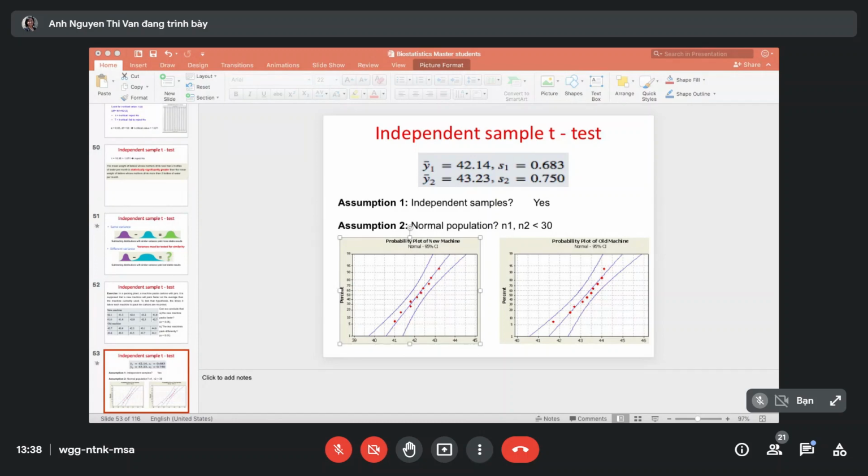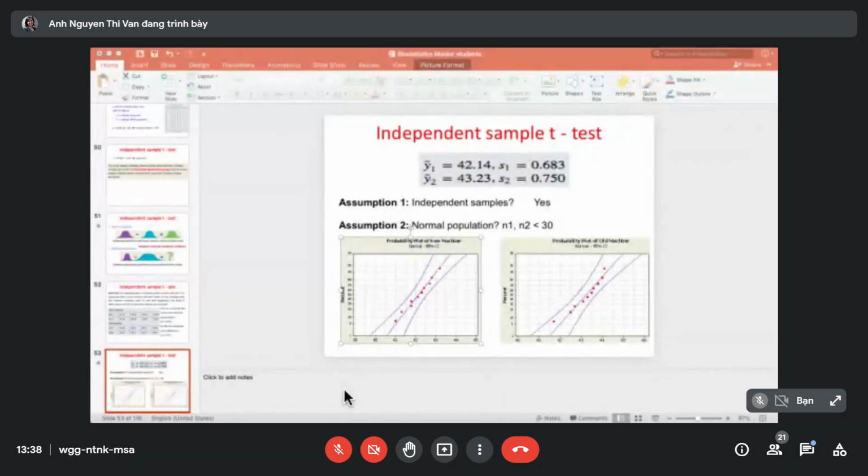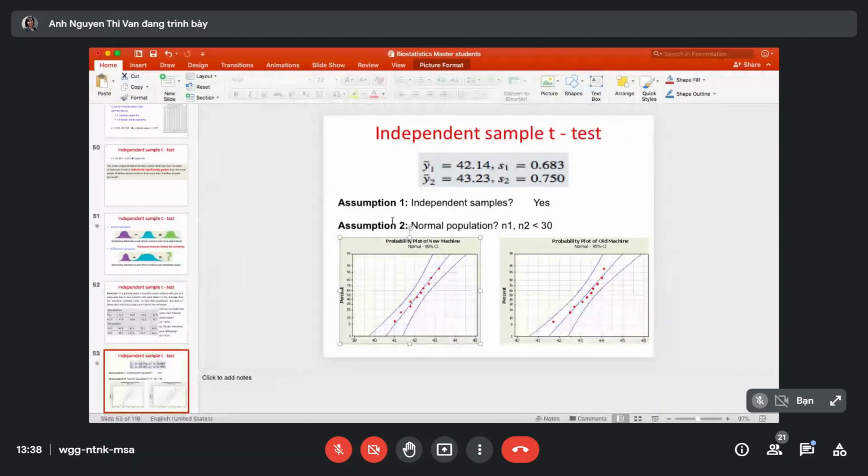So if you look at this box plot, can you explain about the normal distribution? Yes. So I mean, this is the first one. The left hand, they are in the same line, so it should be the normal distribution. While the second one, the below and the top dot are just out of the line, so it's just not the normal distribution.